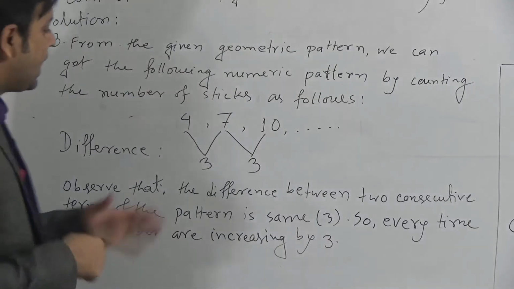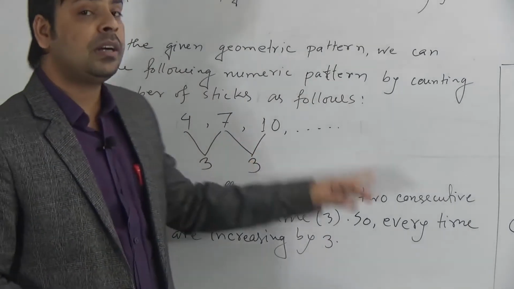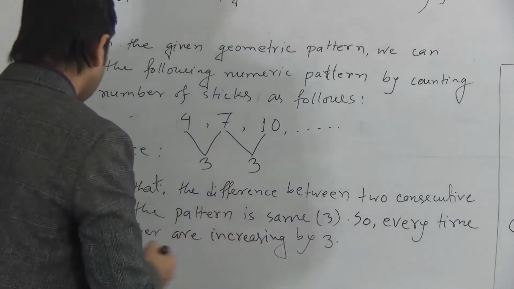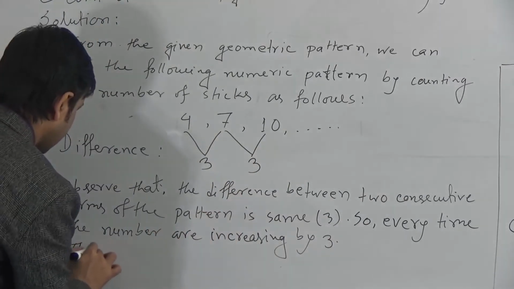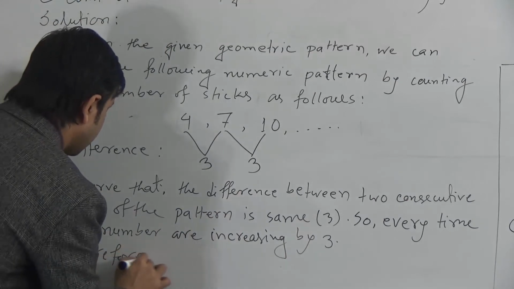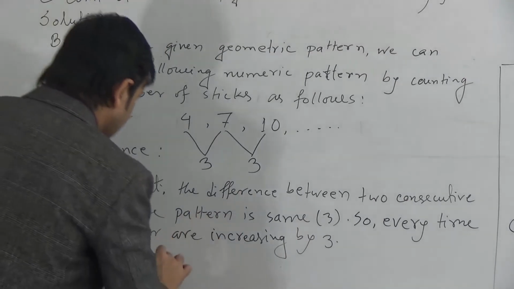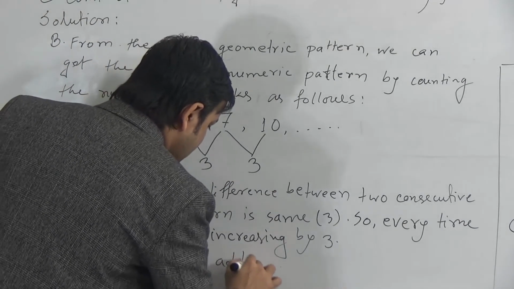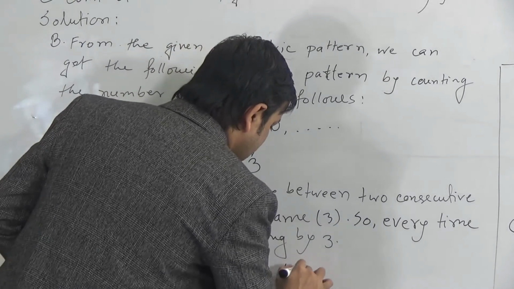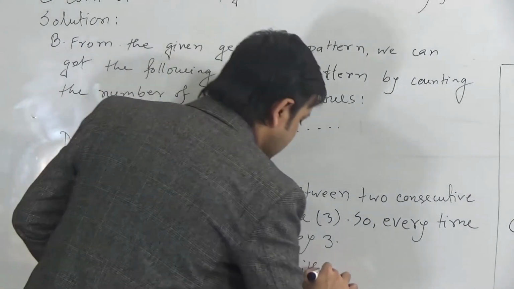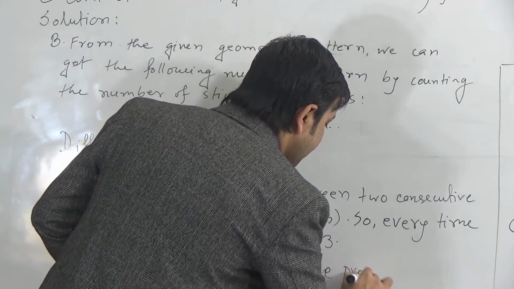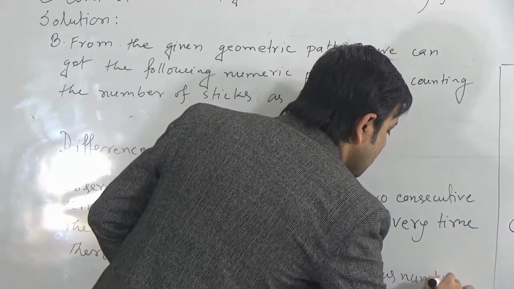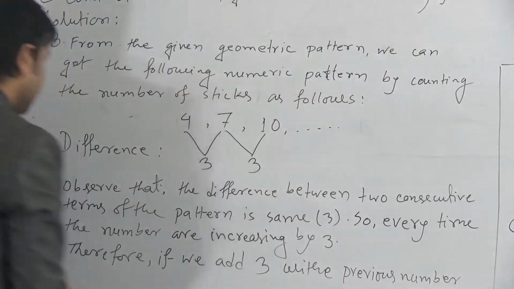Therefore, if we add 3 with the previous number, we will get the next number.